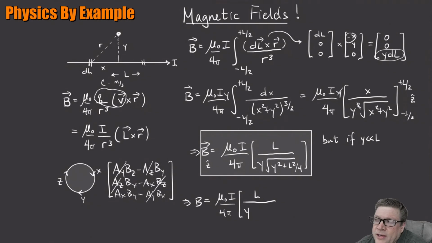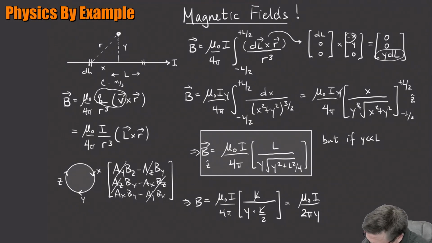Inside the square root, the L squared term dominates, so that's just the square root of L squared over 4, which is L over 2. So y times L over 2, the L's cancel. The 2 comes up top and cancels with the 4. So mu naught I over 2 pi y, where y is just the distance away from the wire. That's going to be really, really useful for us.